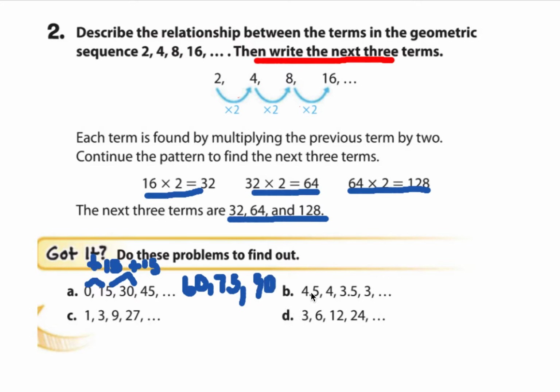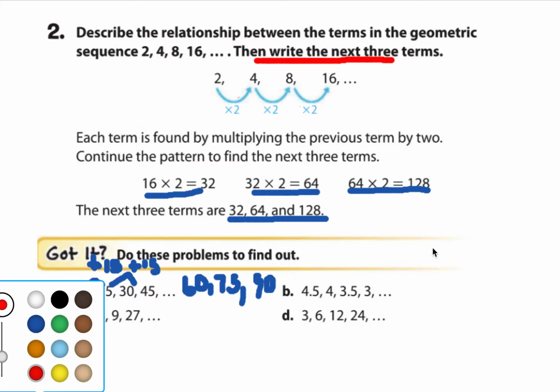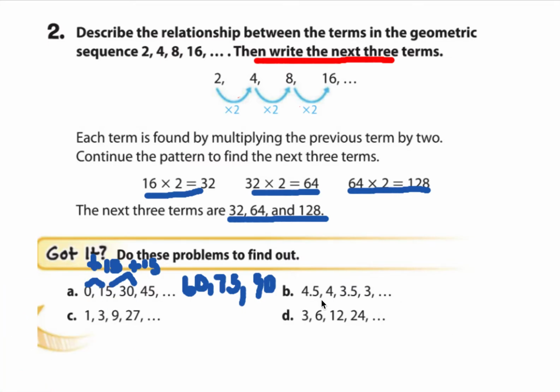Okay, let's look at B. For B, I'm going to use a red marker, that way we distinguish them. You go from 4.5 to 4, from 4 to 3.5, and they're getting smaller, 3.5 to 3. We must be subtracting, because it's definitely not division here. Let us find out what we're subtracting.